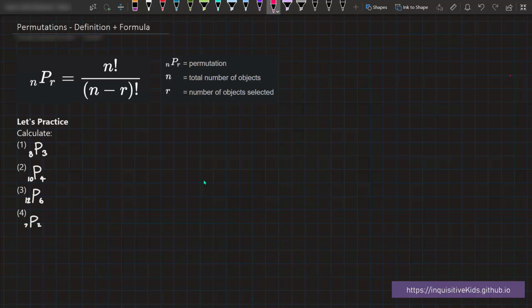Okay, so let's look at the first problem. In here we have P83. In here we have n factorial, which is 8 factorial, over the factorial of the difference of 8 and 3. So this is essentially 8 factorial over 5 factorial.